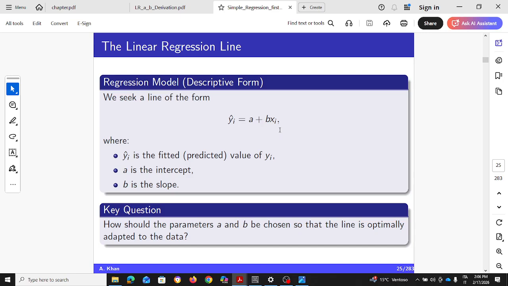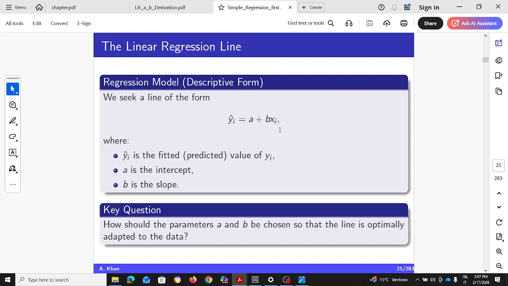B is the slope of this line, which means how much change we have in x, so how much we will observe on the vertical axis for the dependent variable. So this is the slope, this is our intercept. Clear? And this is the regression line. You will see this in more detail, but just to have the big picture for now. Now the key question is how to choose these parameters A and B optimally.